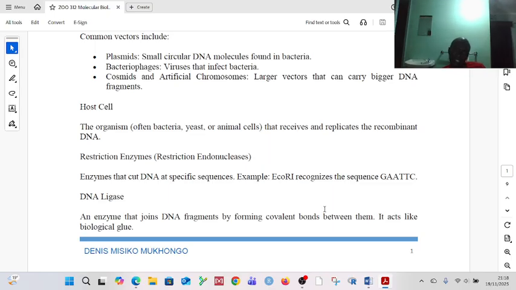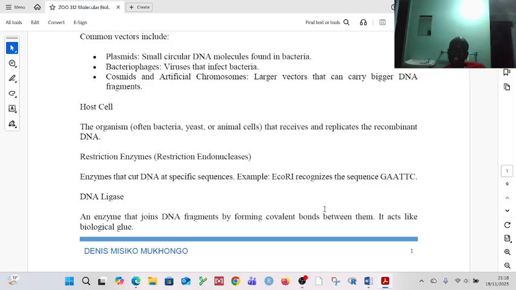The other important concept is the restriction enzymes. To restrict is to cut. Restriction enzymes are those which are responsible for cutting DNA at specific sequences. They recognize the specific sequences, and they cut DNA at those particular sites.